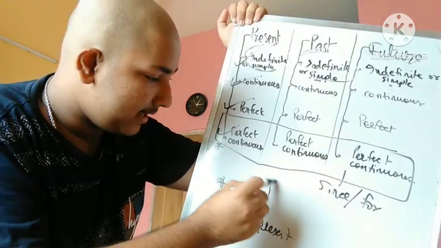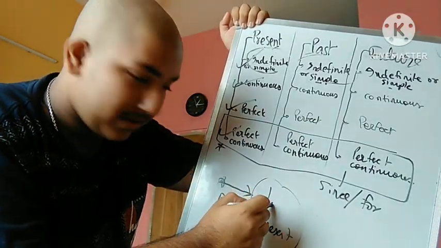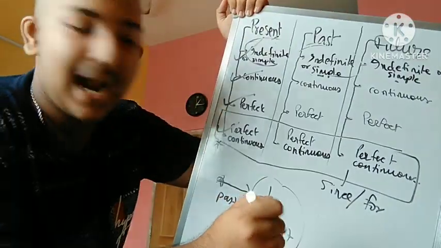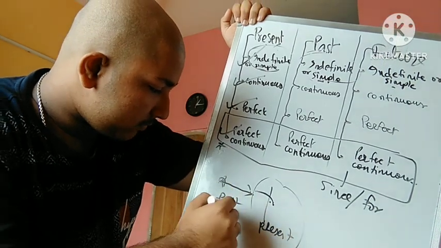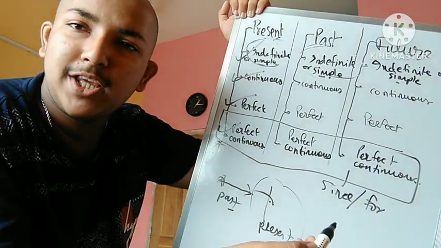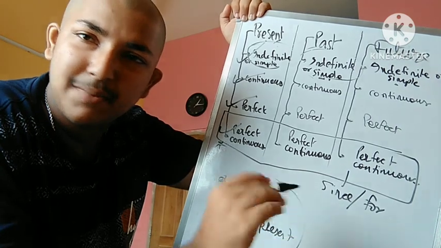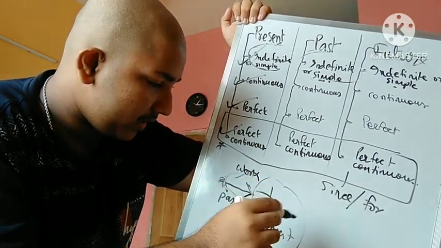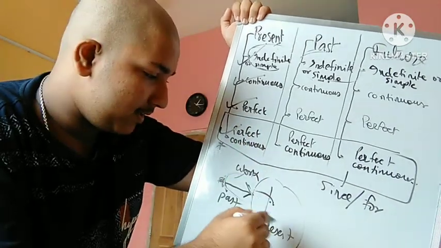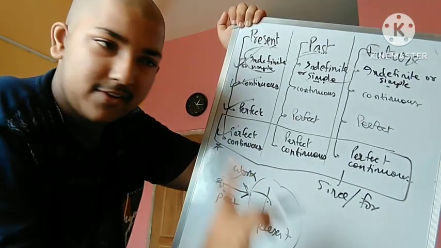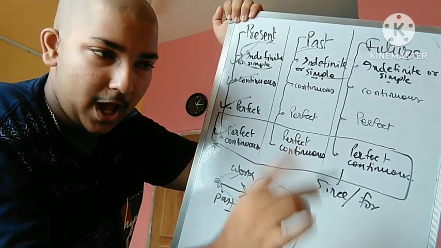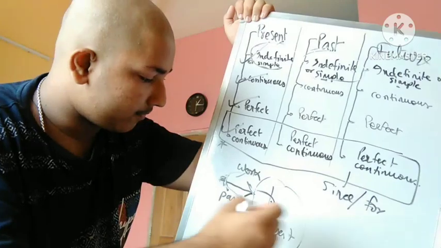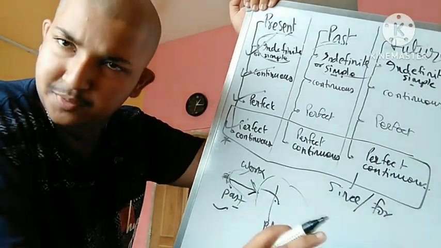Means I am at present here. With respect to present, I am supposed to say that I was drinking water. Simply I was drinking water. This is our work. And we are saying that I was drinking water. I was driving car. Okay. I was jumping. I was running. This kind of thing. Okay. This demonstration is pretty clear to you?